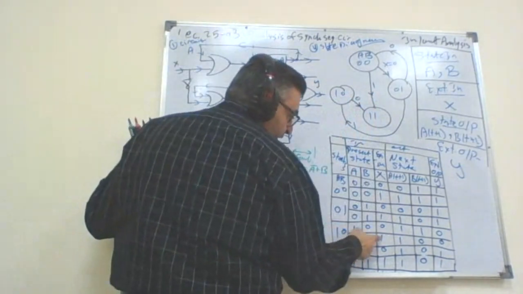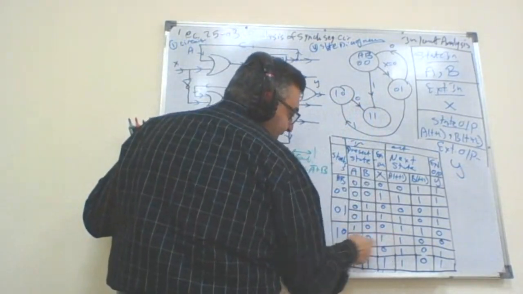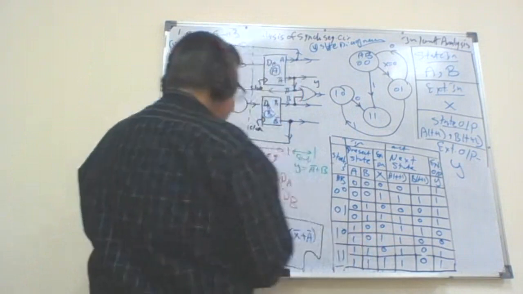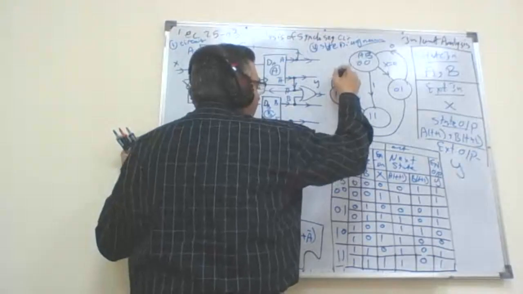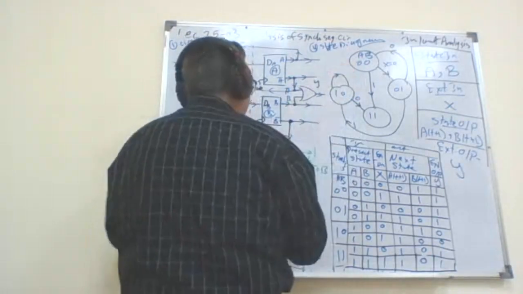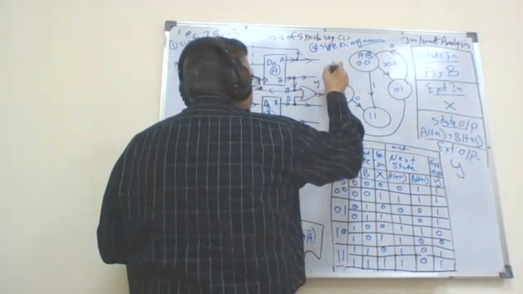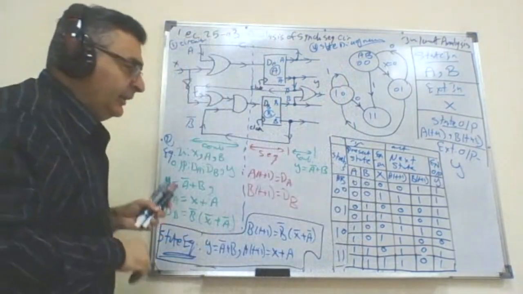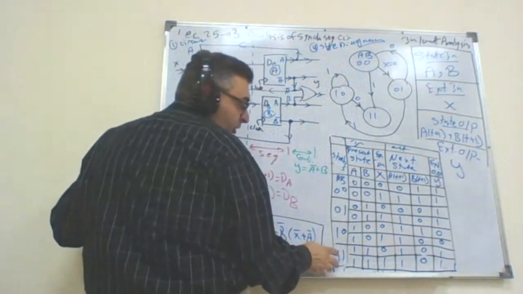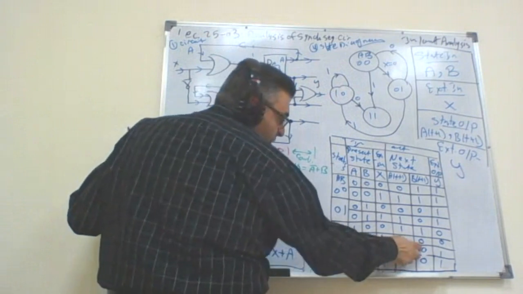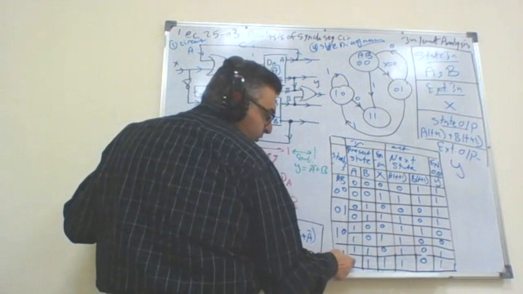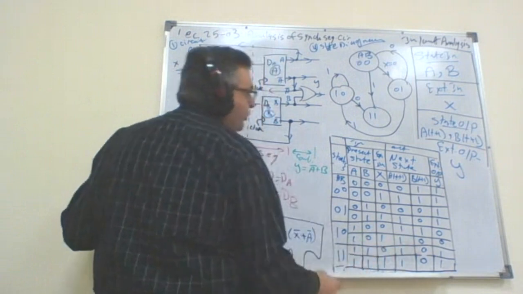I am in 1,0, X equals 1. I will stay in my state. There is no change in the state. So I will have here an arrow going out and in from this state when X equals 1. The last case is for 1,1. With 1,1 and X equals 0, I will go to 1,0. With 1,1, well, X equals 1 will go also to 1,0.